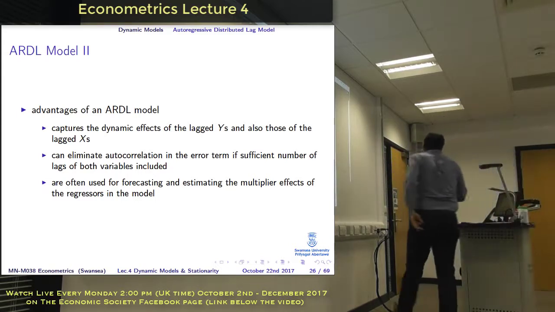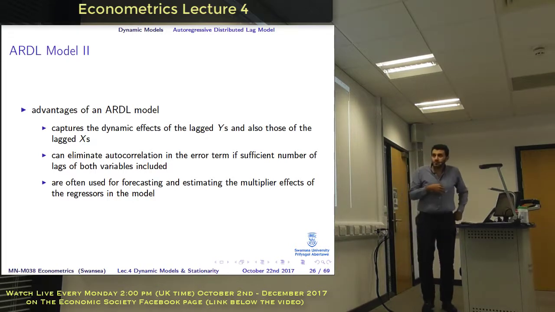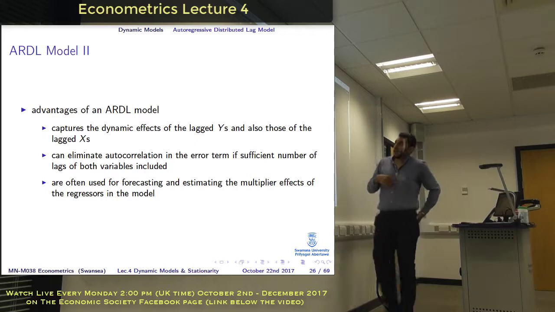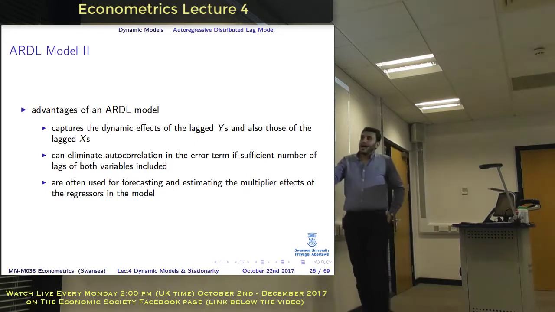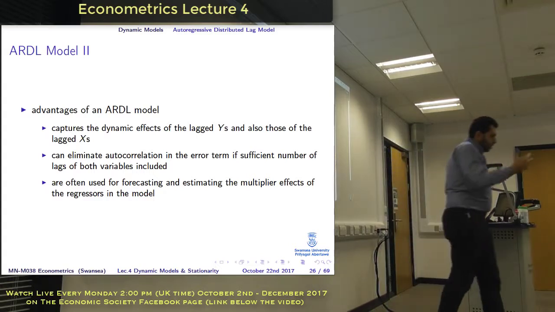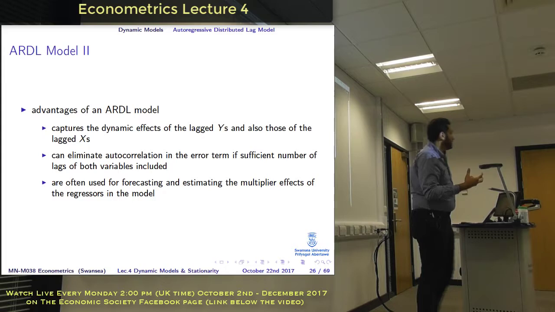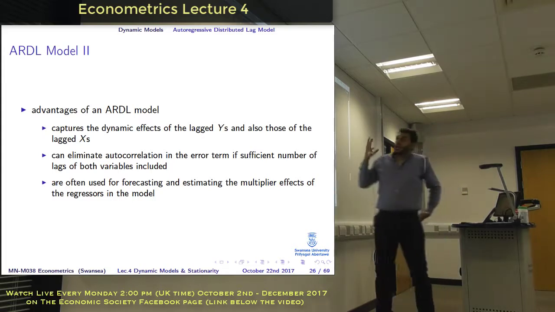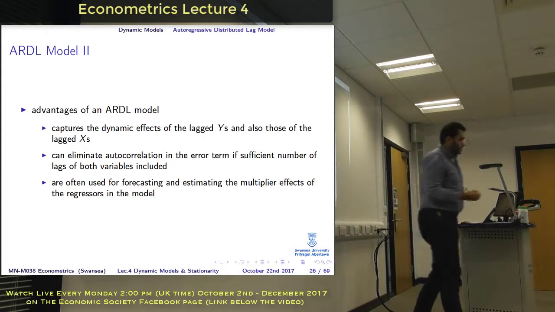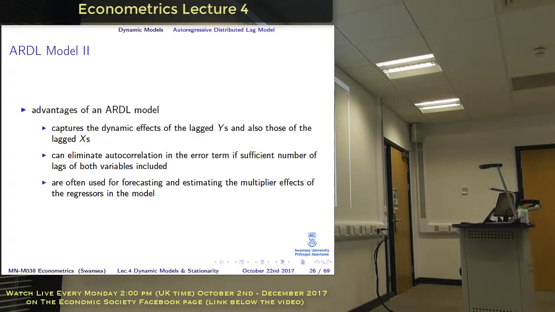So basically this model has some advantages. It captures the dynamic effects of the lagged Y's and also those of the lagged X's. So it's not only the impact on yt, on the consumption expenditure, that comes from the fact that income this year, this time period, and income in the previous time period also affect consumption expenditure.